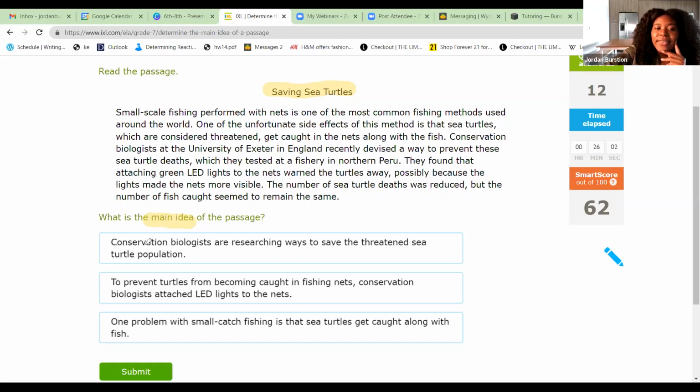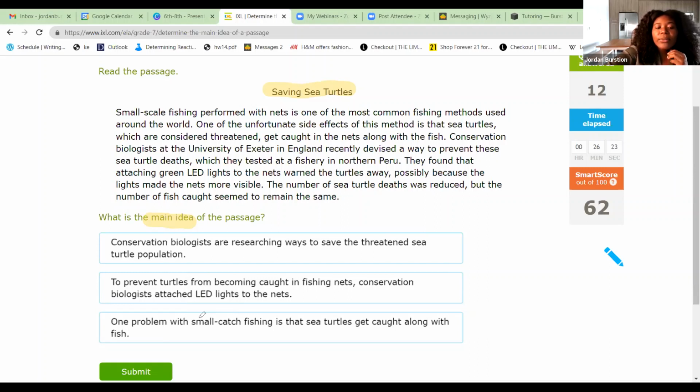Okay, so what is the main idea? The first one says conservation biologists are researching ways to save the threatened sea turtle population. Okay. The second one, to prevent turtles from becoming caught in fishing nets, conservation biologists attached LED lights to the nets.